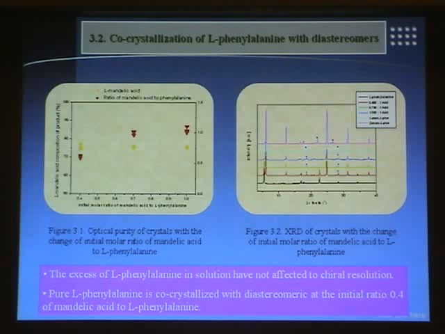is the characteristic of mandelic acid L-phenylalanine, whereas this peak and this peak are characteristic of L-phenylalanine and L-mandelic acid. The XRD spectra of the 0.7 and 1 samples: sample 1 has an XRD spectrum similar to mandelic acid L-phenylalanine.